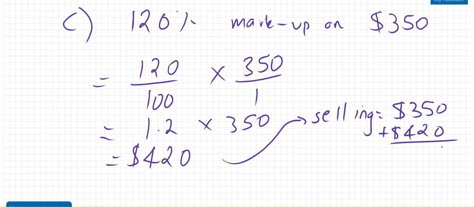Okay? And that will leave us with $770. So we can see with this markup, the original price has been doubled plus a bit more. So if they sold it for that price, they're making a pretty good profit on that.